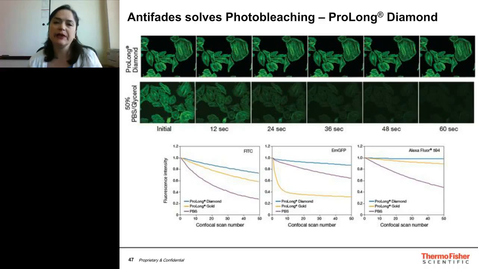You can see in that middle panel there that the GFP signal doesn't go away through repeated scans, and it stays nice and bright because it's protected, along with other fluorophores as well. So that can be something to look at if you're running into problems with photobleaching in your fixed and permeabilized cells.